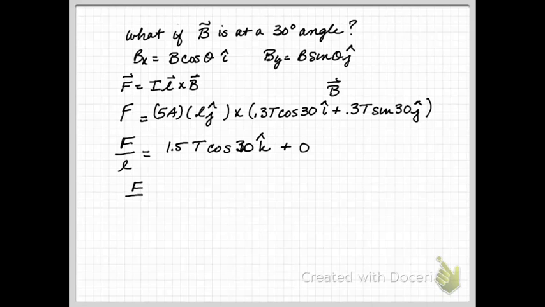So the force per unit length is going to be, oh, forgot the minus out there, sorry guys, minus K hat, minus 0.13 K hat. And it does make sense that the force is smaller in this instance because the maximum force is going to be where the field and the velocity or the current are perpendicular.